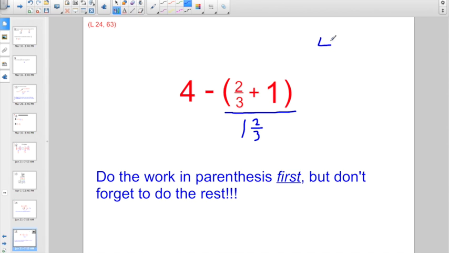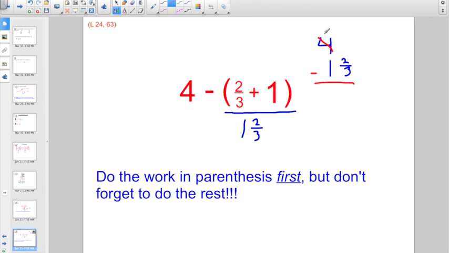I actually better be serious and set this one up vertically. 4 minus 1 2/3, because kids who try to do these in their head is where the silly mistakes come from. So I'm going to start over here. Nothing minus 2/3. It is not 2/3. It is a borrowing problem.